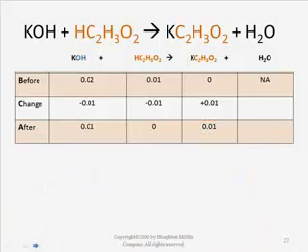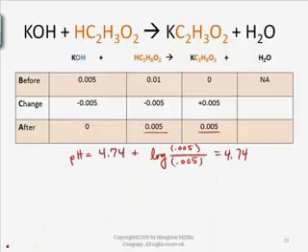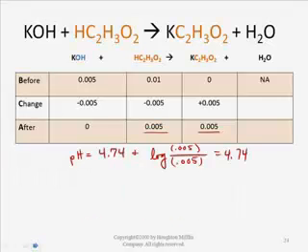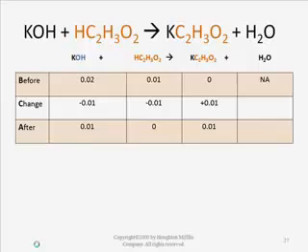Beyond the equivalence point, so now I've added, and I should have looked again. Okay, hold on. At this point, I've added 100, so my total volume at that point is 200 milliliters. And look what I've got.